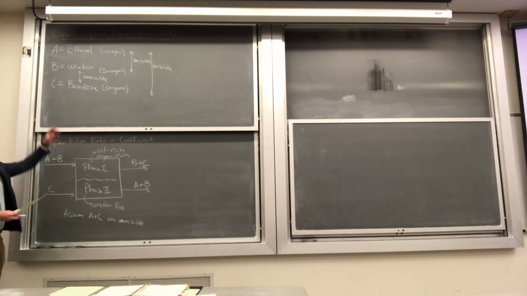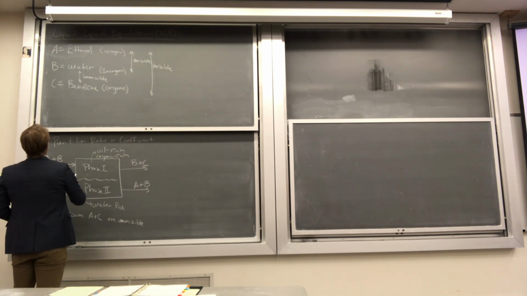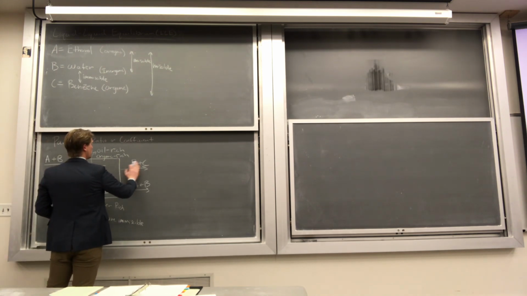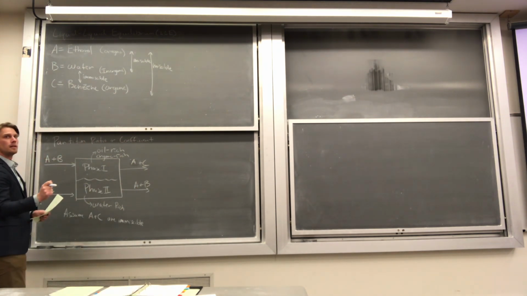Right, so following this example, let's see, how do I fix this? So if A is ethanol, then this one would be... Why are we using immiscible and miscible instead of insoluble and soluble? Is there a meaningful difference? No. Okay.